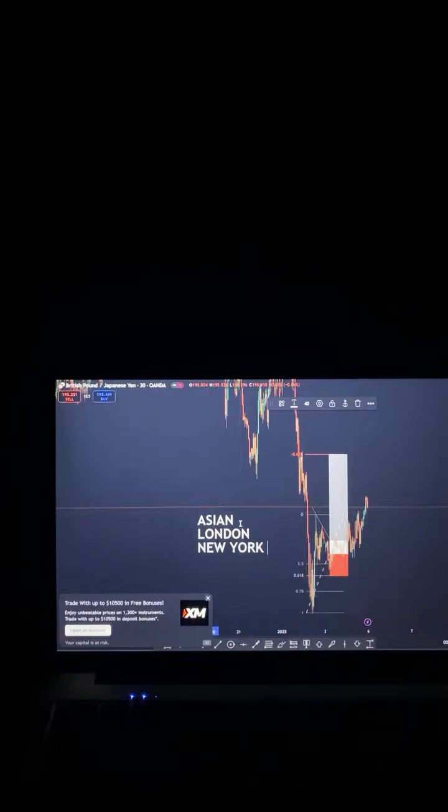In this case, you're going to have GBP JPY, and you also have gold, right? XAU USD. And I said you can also trade USD JPY as well during Asian session, right?